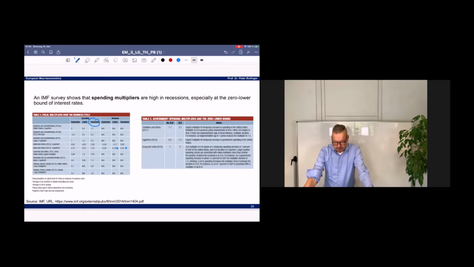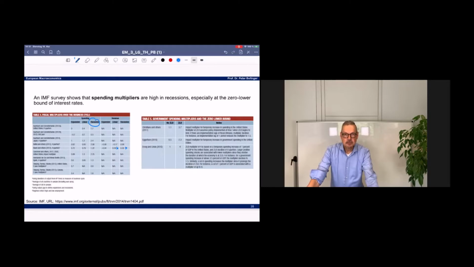What is interesting, and this is table 5 that you can see here, is that the effects of fiscal policy are much higher once the economy is in the situation of the so-called zero lower bound. Zero lower bound means that the central bank has already reduced the interest rates to 0. So more or less, there's little else the central bank can do.